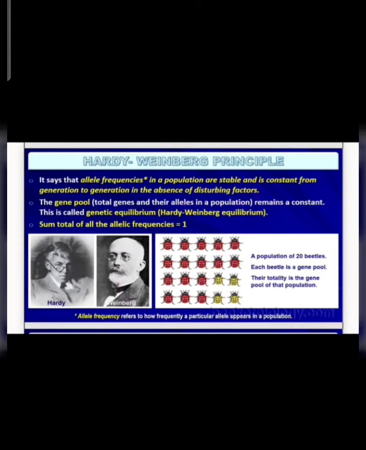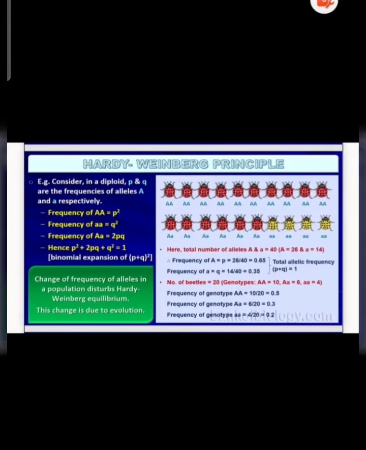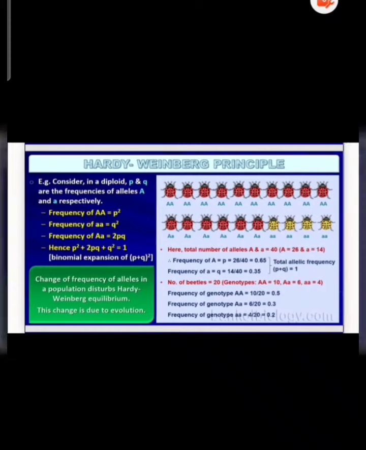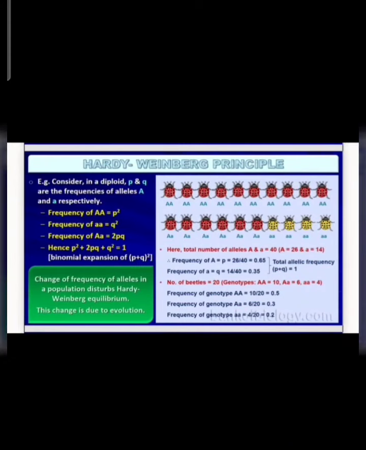But in the absence of disturbing factors. So what are these disturbing factors? That we will study. But first we'll study Hardy-Weinberg's principle, what is the meaning and the equation. As I told, if you consider one population, the alleles expressed and the genes will be stable, constant, and without the disturbing factors.